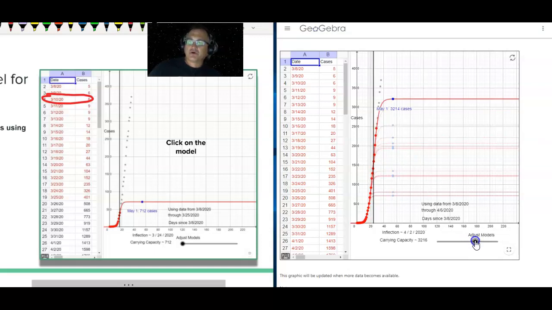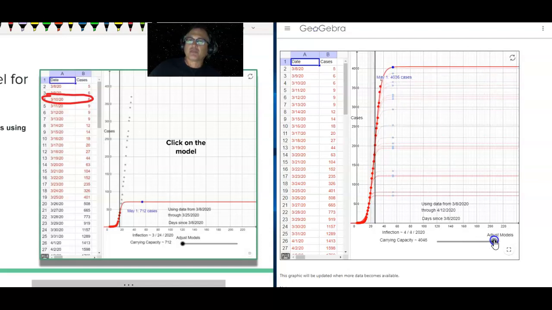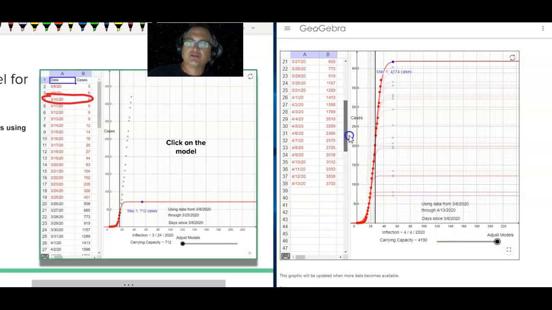All right, so if we keep going with our graph here, that's as far as we can go based on the information that we have up to Monday, 4/13.